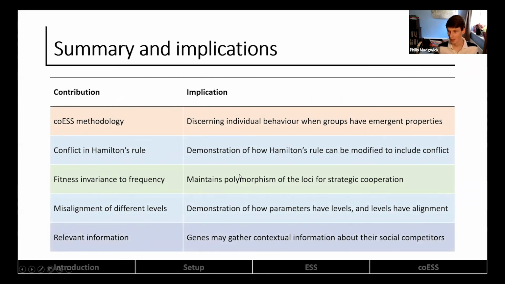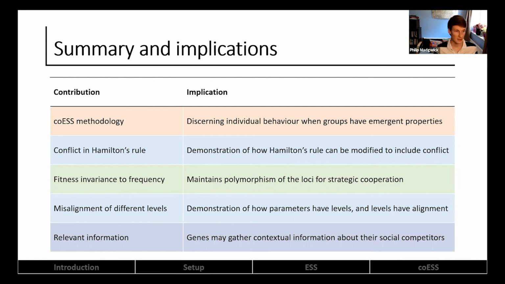So just to quickly summarize some of what we've talked through, we use this co-ESS methodology, which enabled us to derive a more informative analytical solution for the ESS and analyze really what's going on within this model of a slightly intractable system of this multiplicative setup where there is quantitative cooperation.